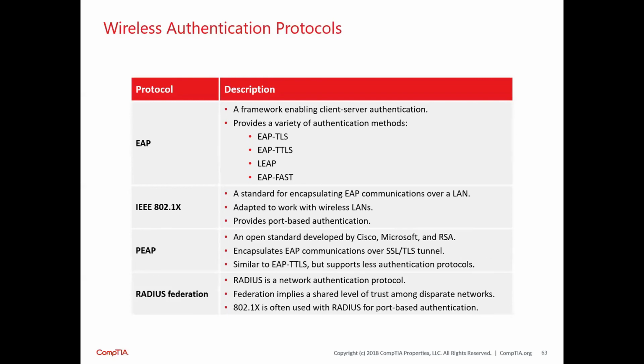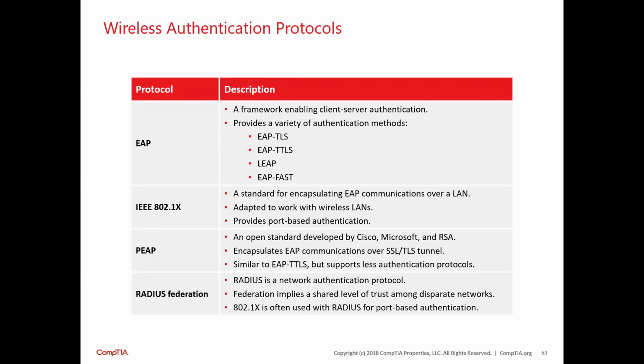The remaining protocols include EAP, which is normally used for authentication. You can have EAP-TLS, TTLS, LEAP, and FAST. For centralized authentication, you can use IEEE 802.1X, which supports the encapsulation of EAP over LAN and wireless, as well as providing port-based authentication.